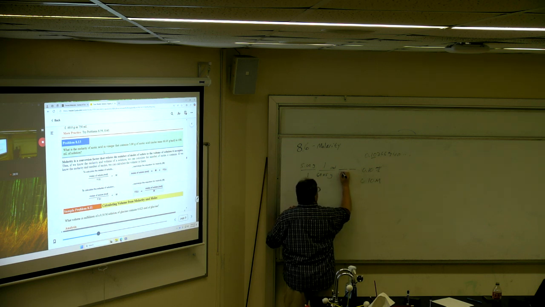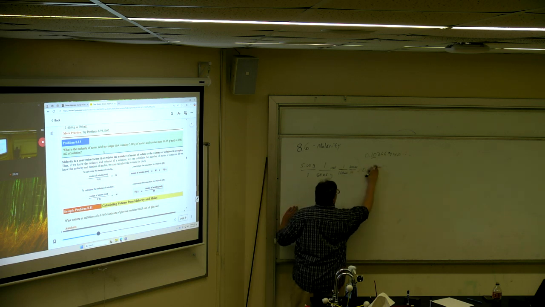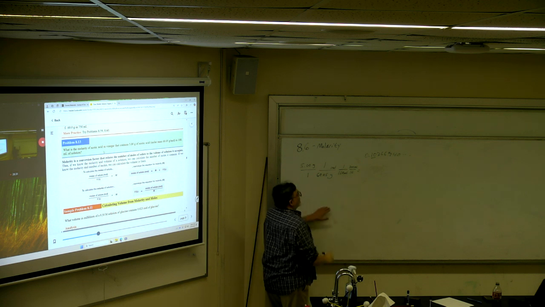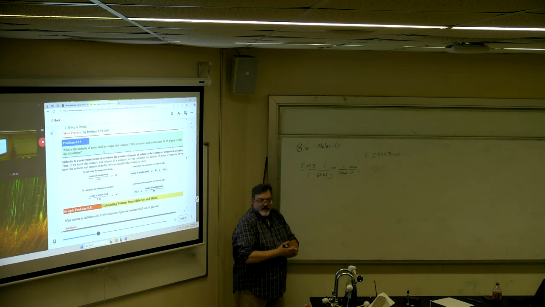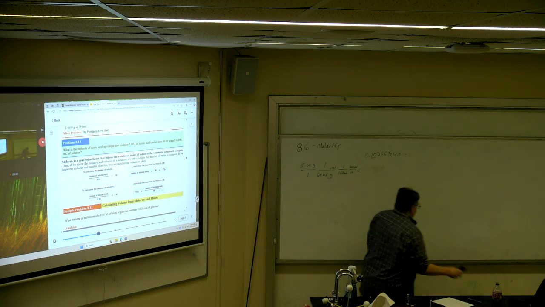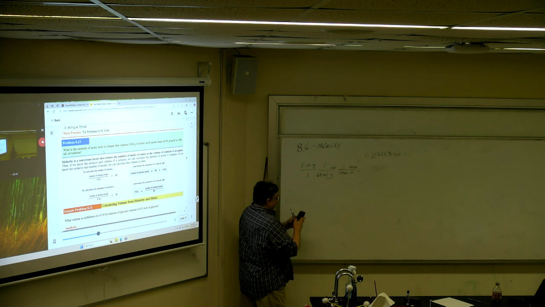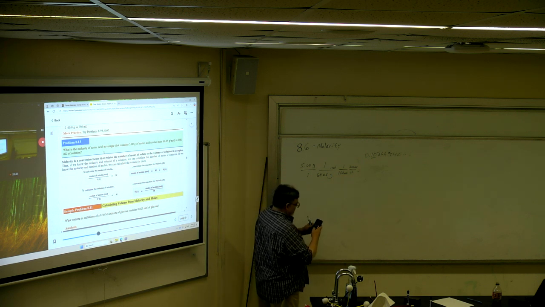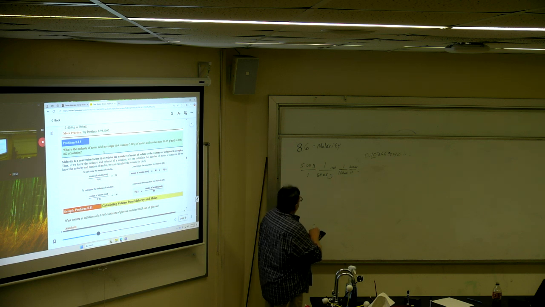It's got to be on the bottom. 100 milliliters. And then I've got to get the conversion factor in there to turn it into liters. Molarity is specifically in liters, no other volume. 5. If I did that right.